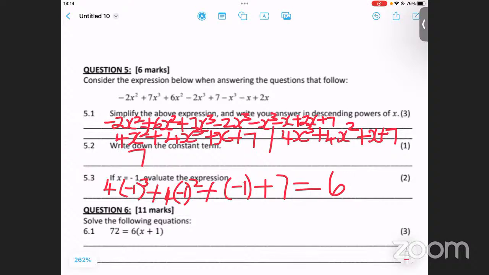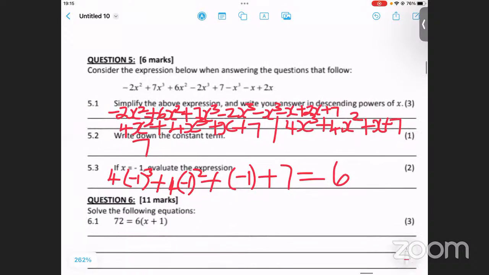But before we do that, do we have any question from this first part, question 5? Do we have something that you don't understand here? Or are you all good? Ma'am, we're all good. Thank you.